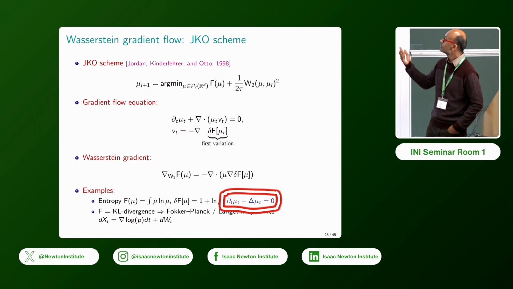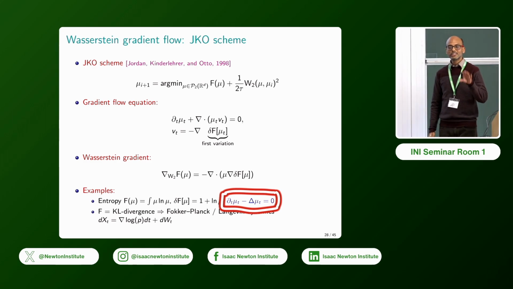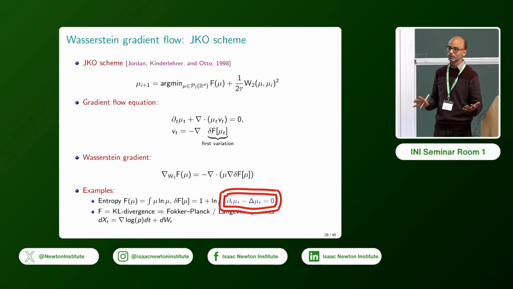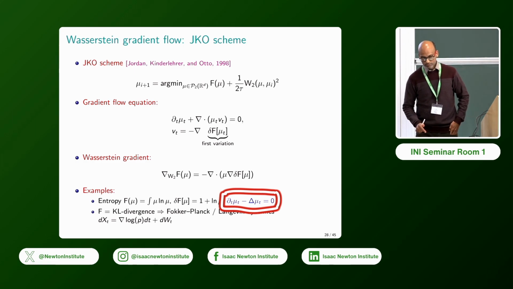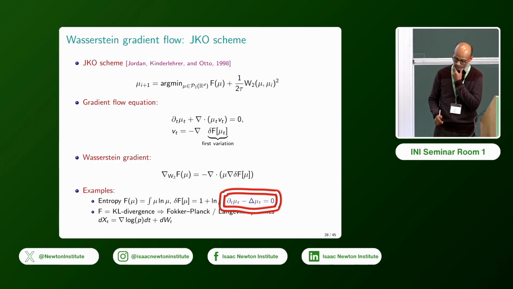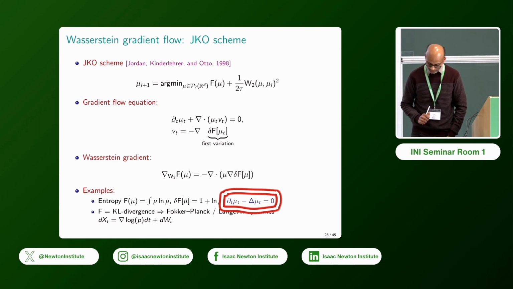And of course, if I choose the functional to be the KL divergence, you exactly get the Fokker-Planck equation. Again, this is an extremely classical one, right? Which is the driving force behind all these Langevin-based sampling algorithms, and so on and so forth, right? So there are these nice connections between optimal transport and PDEs.